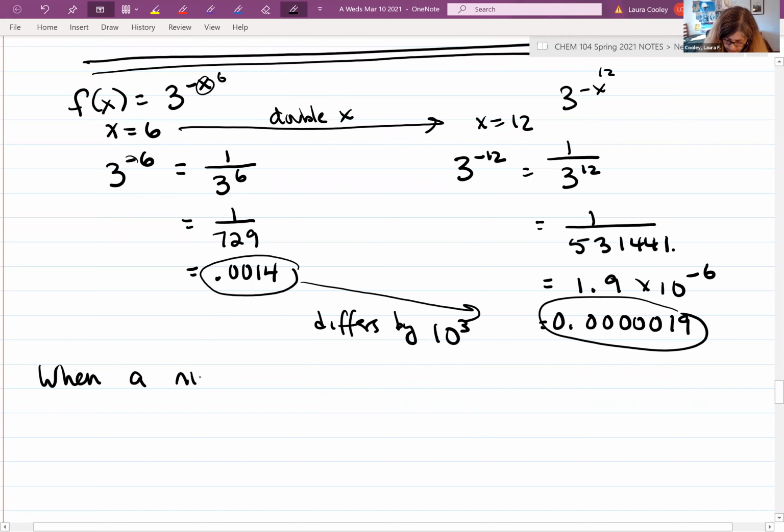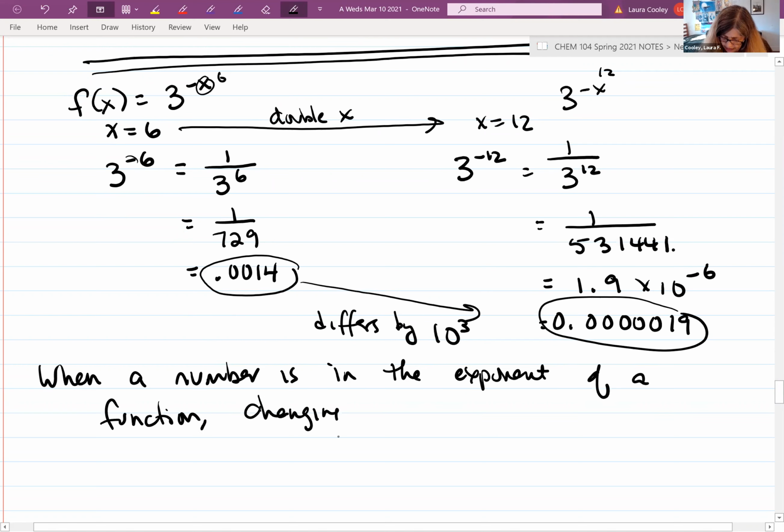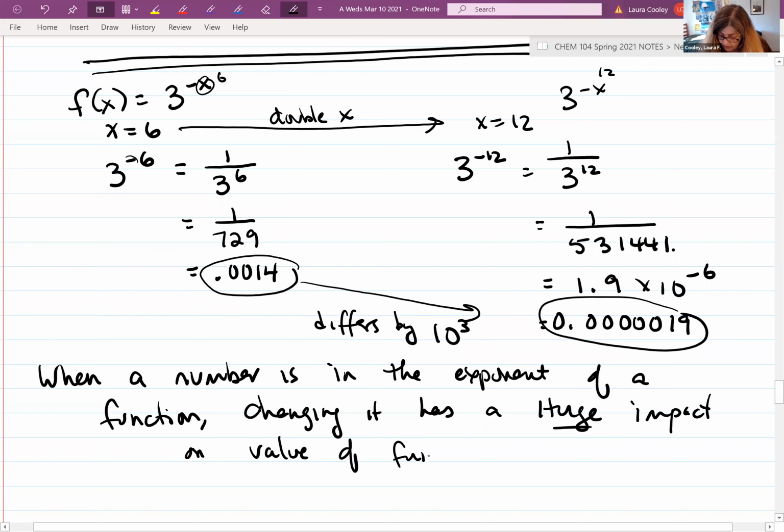When a number is in the exponent of a function, changing it has a huge impact on the value of the function. So when you see something in an exponent and you're talking about variations in it, you have to pay attention because those variations can be huge.